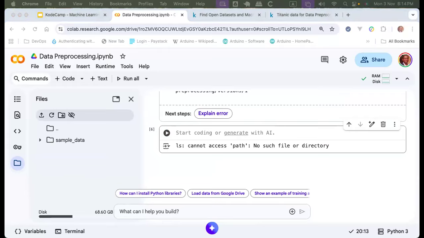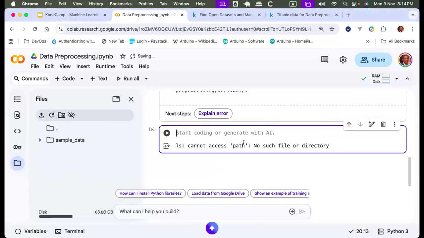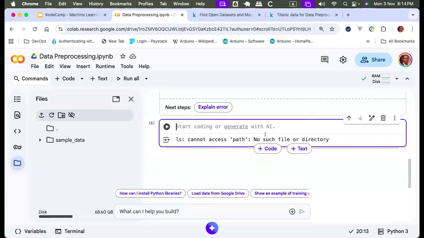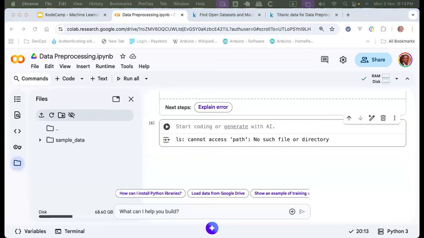So I can't do it from the command line. That ls is doing it from the command line, so I have to do it from within Python, right? So to list in Python, I will not use ls. I'll just use the OS.